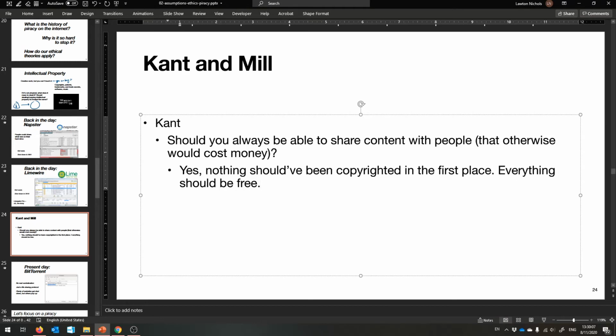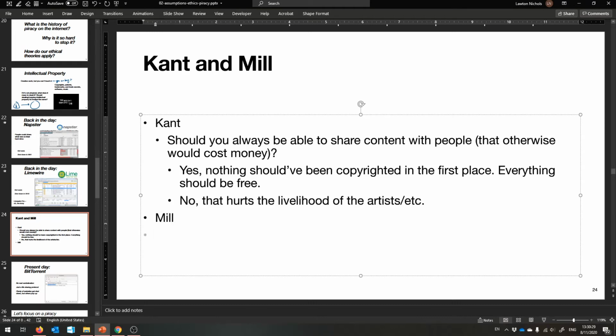That's totally something that Kant could have said. He could have also said no. That hurts people. Artists, software designers, etc. And so that's the idea. There are two options here, and you could argue either one as long as you back yourself up.